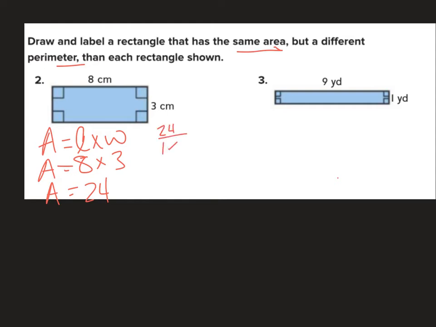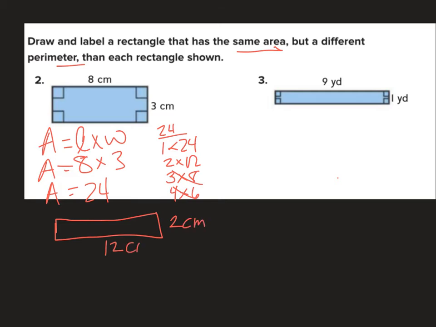On the last one, we listed out the factors: 1 times 24, 2 times 12, 3 times 8, 4 times 6. We've already done these two, so let's do a 2 times 12 rectangle. Okay, so we're going to have 2 and 12, and centimeters is our unit. 2 times 12 is 24, so we get the same area, but we need a different perimeter.